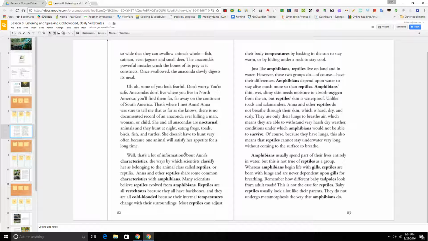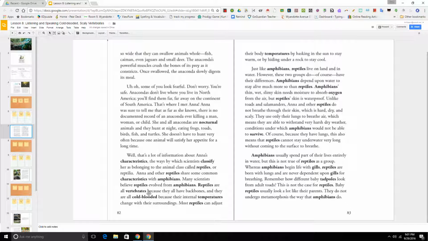Well, that's a lot of information about Anna's characteristics, the ways by which scientists classify her as belonging to the animal class called reptiles, or reptilia. Anna and other reptiles share some common characteristics with amphibians. Many scientists believe reptiles evolved from amphibians.